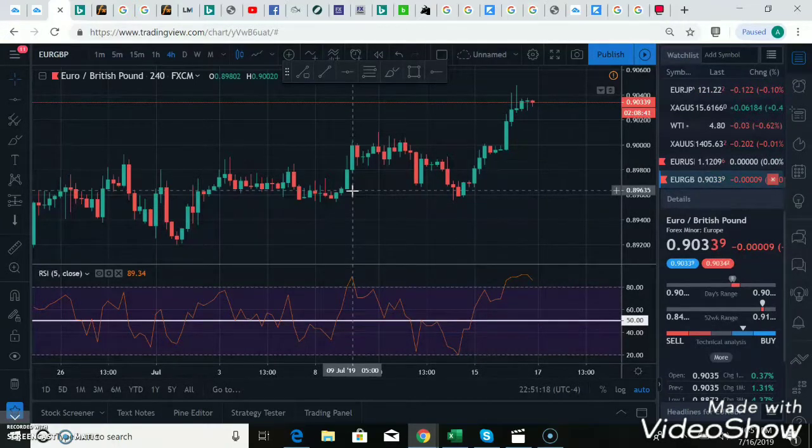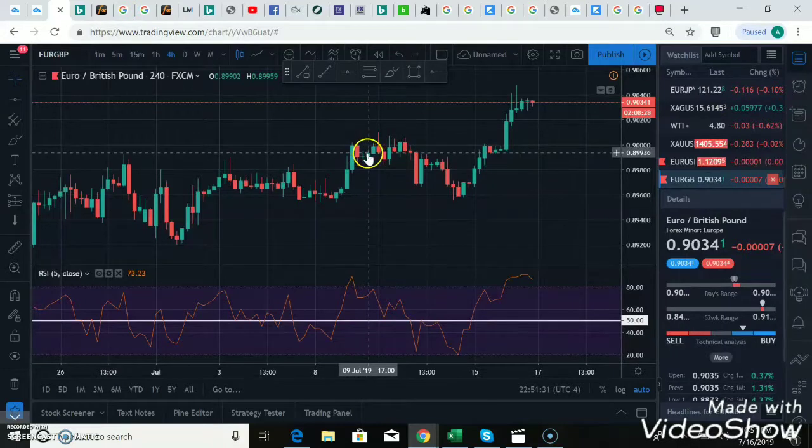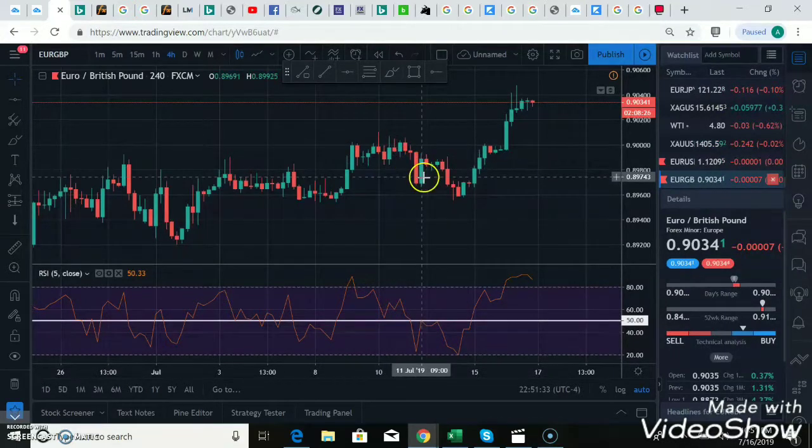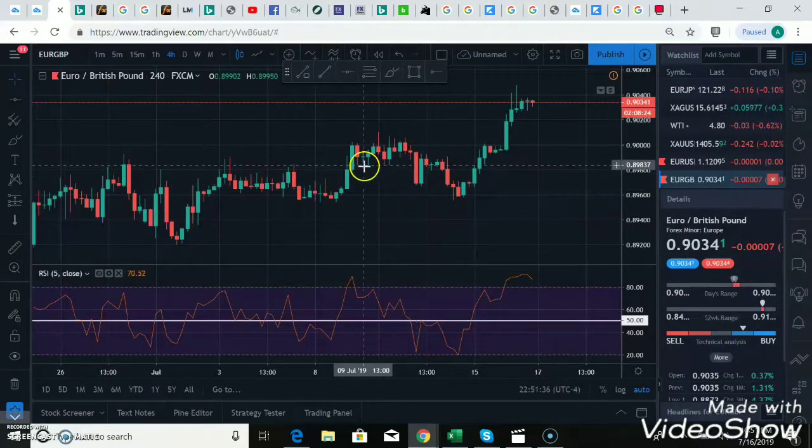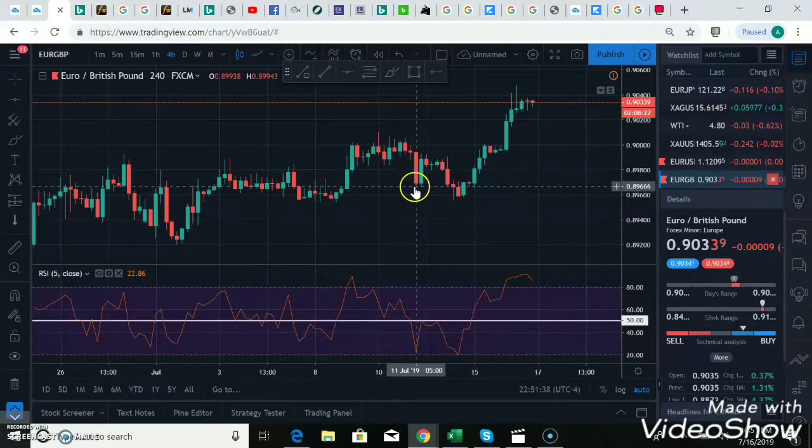Well, this is still the London session. So you see right here, the RSI said right here it was overbought, that it's time for a sell. Okay, so here you see how it's saying time for a sell in the 4-hour chart. And then eventually it went down here on the 4-hour chart.